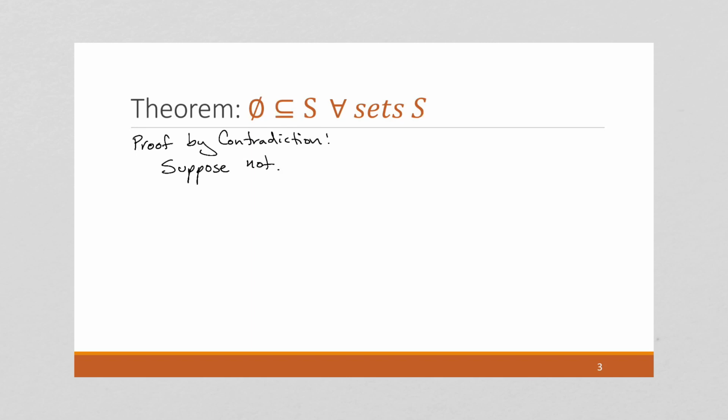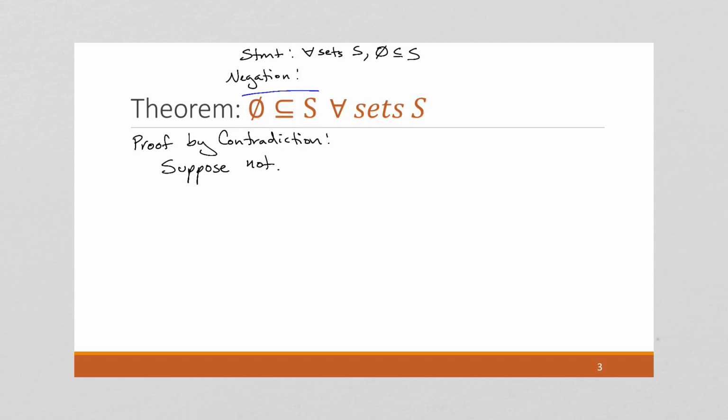Now, what does that mean? If my statement is, for all sets S, the empty set is a subset of S, then my negation is that, well, maybe there exists a set where the empty set is not a subset of S. Now notice, this is actually a really important note here, and I should have been more explicit.